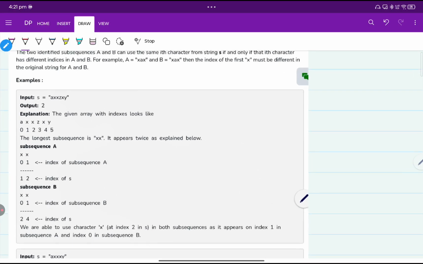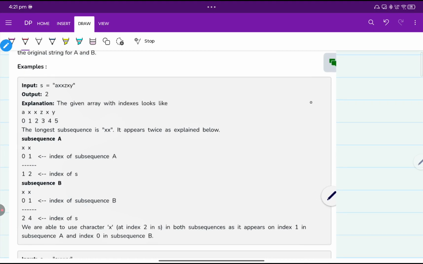If you want to analyze the question once again, there is a string x x a x x z x y. Which one is the longest repeating subsequence in this question? We have to return the length of the longest repeating subsequence. Here it is a x x.